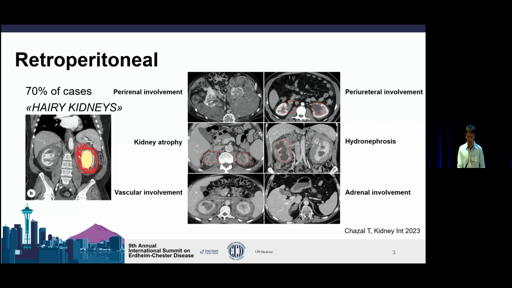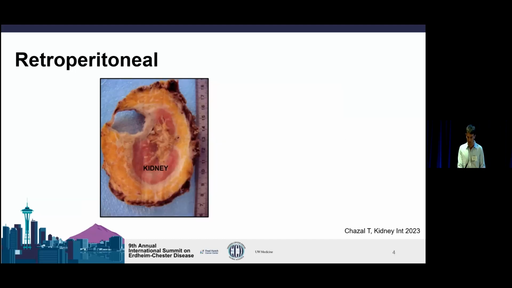More rarely, we can find infiltration of the adrenal glands or of the vessel of the kidney, which is why some patient can suffer for really difficult to treat hypertension. ECD doesn't directly involve the kidney.